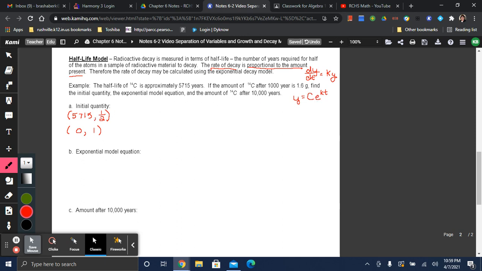find this initial amount. So I'm going to use my y equals C e to the kt power, and I can substitute in the 1/2, and then I don't know a value for C, but I'm going to start with an initial amount of 1 so that I can find my value for k.